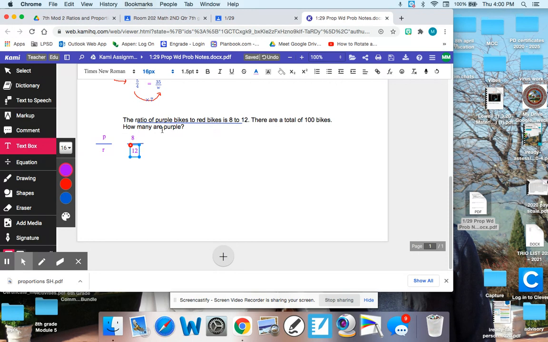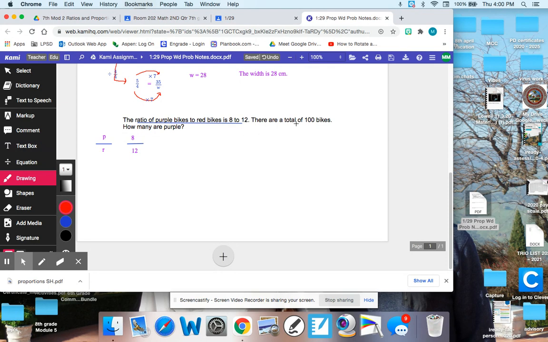Now, there are 100 bikes total. So there's a key word here that we're looking for. A total of 100 bikes. Now, we talked about this a couple weeks ago. If we're looking at a total part to part, this ratio is part purple, part red. How do I make that ratio into part to whole?